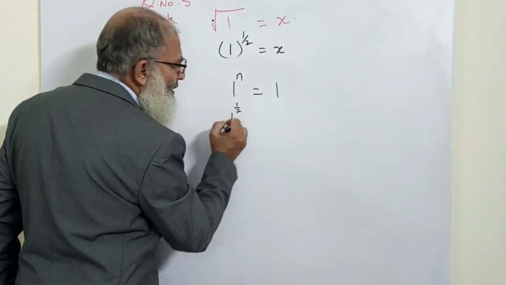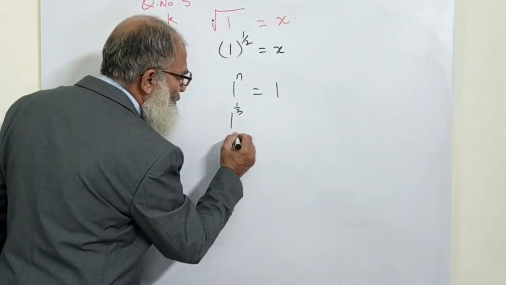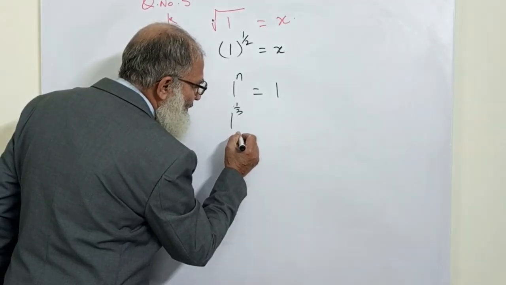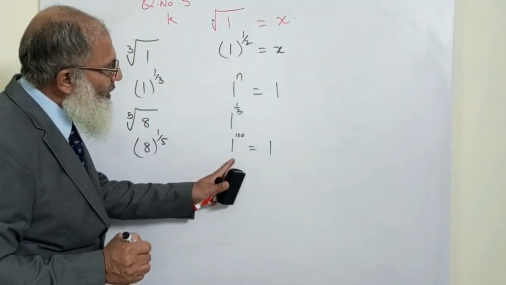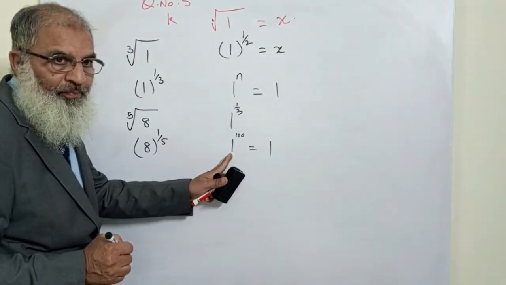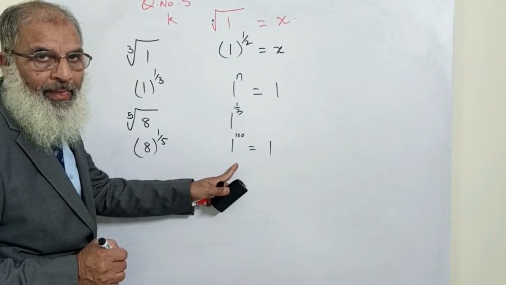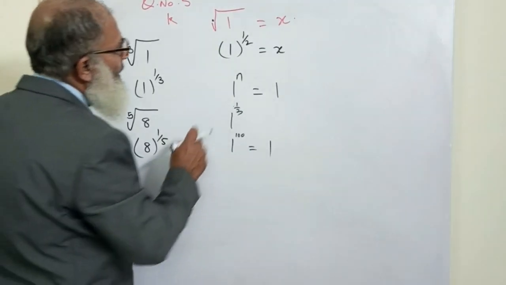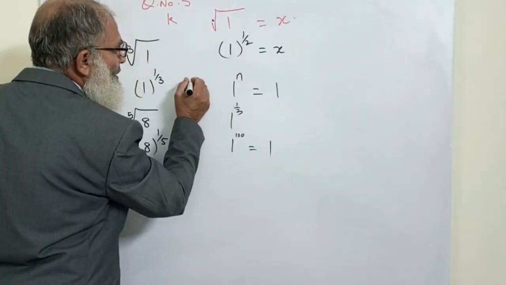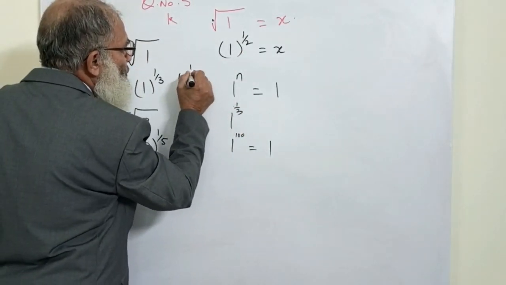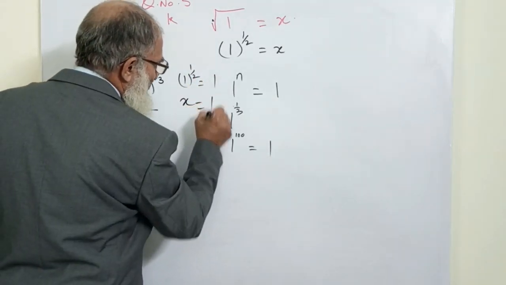Half, 1 by 3, or whatsoever, 1 raised to power 100 will remain as 1. The quantity of the base will not change when the base is 1. So since what we have here is 1 raised to 1 by 2, that is equal to 1. So x remains 1.